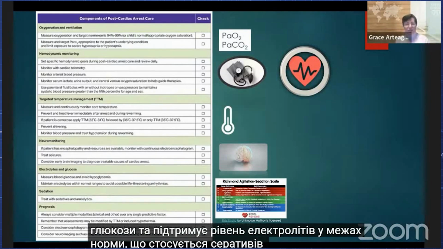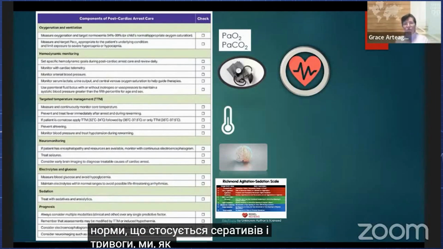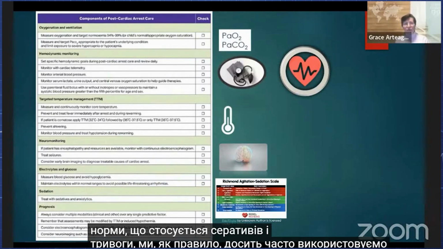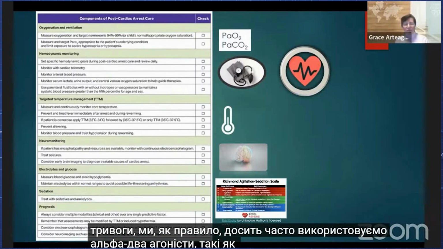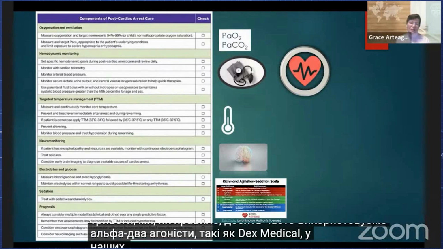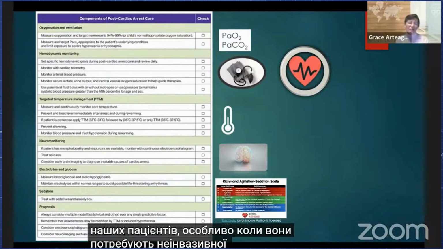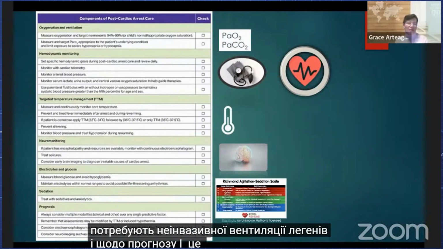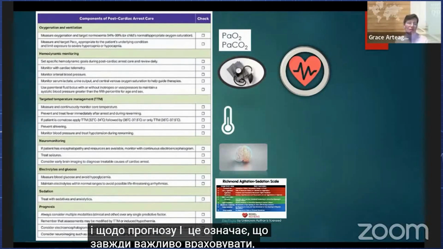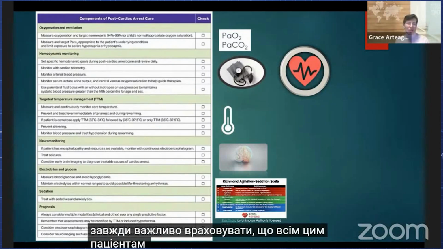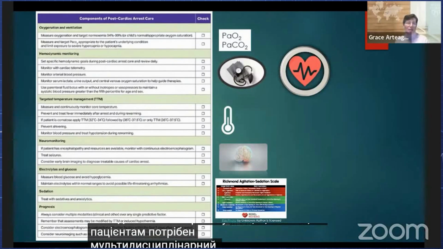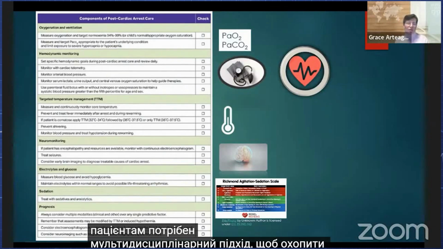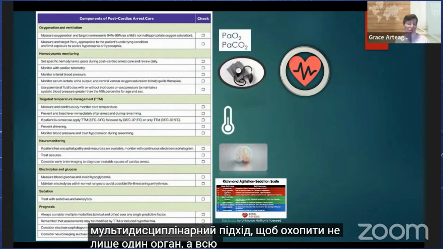As far as sedatives and anxiolysis, we quite often use alpha-2 agonists like dexmedetomidine in our patients, particularly when they require non-invasive ventilation. And as far as prognosis, it is always important to consider that all these patients need a multidisciplinary approach to cover not just one organ, but the whole system.